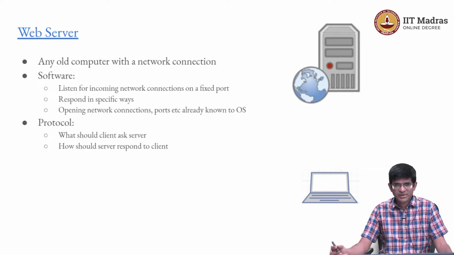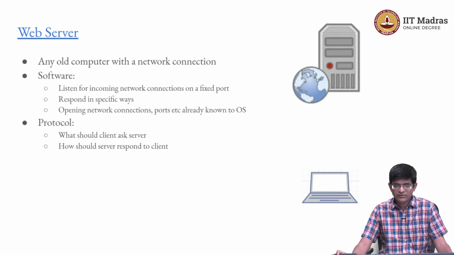Now, there are certain pieces of terminology that I will be using here, for example network connections, ports, sockets and so on, which ideally require you to know a little bit more about how computer networks work. We can't really go into too much detail on that in this set of videos, but for the most part, to understand what is happening at a high enough level, you do not need to know the full detail of how a network functions.